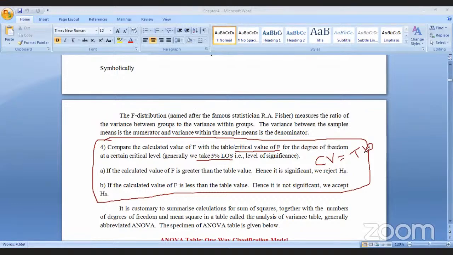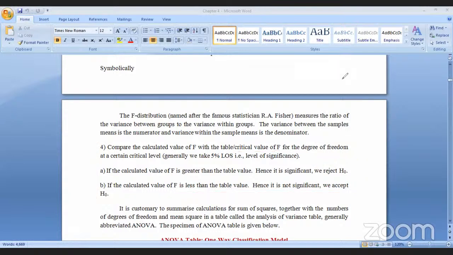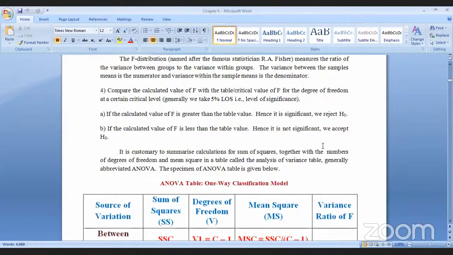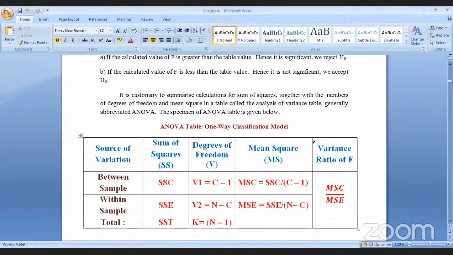So if the calculated value of F is greater than the table value, we need to reject H naught. If the calculated value of F is less than the table value, we accept H naught. Yes, is this point understood or not? Yes, sir.